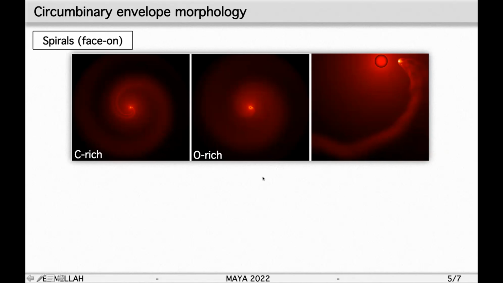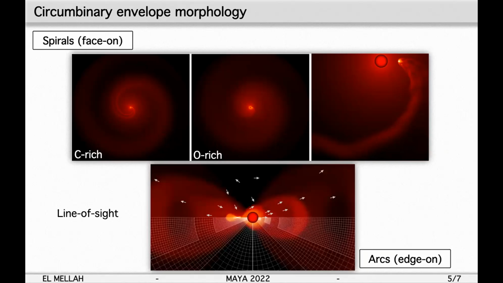In the oxygen-rich environment, this more progressive acceleration tends to blur the pattern, so you get something which is less sharp and more difficult to identify. And because these are 3D simulations, you can check the influence of the line of sight by looking at this configuration from another point of view. So same simulation as this one, but we no longer look at the spiral face on; now we are edge on.